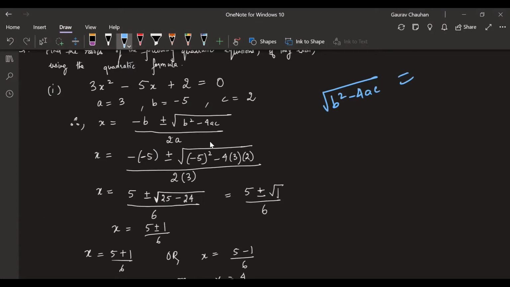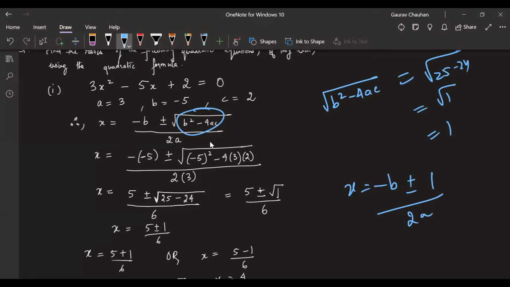So you will get root over 25 minus 24, root over 1, that's equal to 1. Then you put 1 directly inside this equation. So you write x equal to minus b plus minus 1. You can start like this also, doing this outside. That's one method, but it's your choice, whichever you do. No big deal in that.